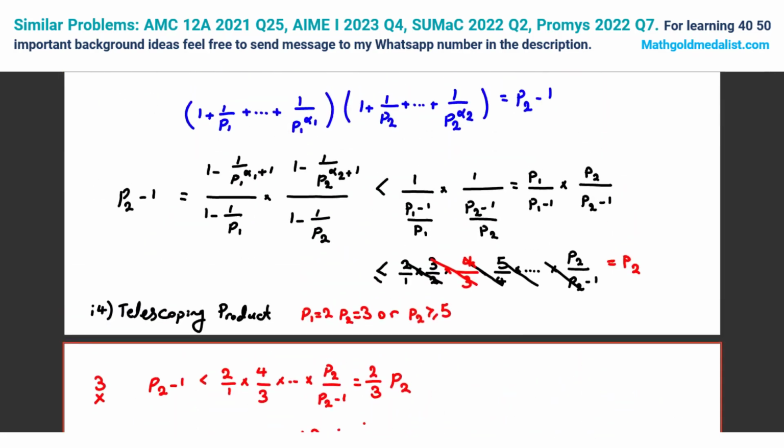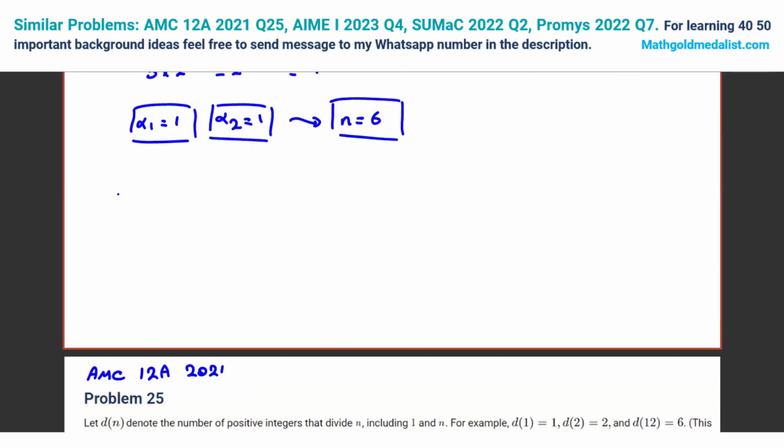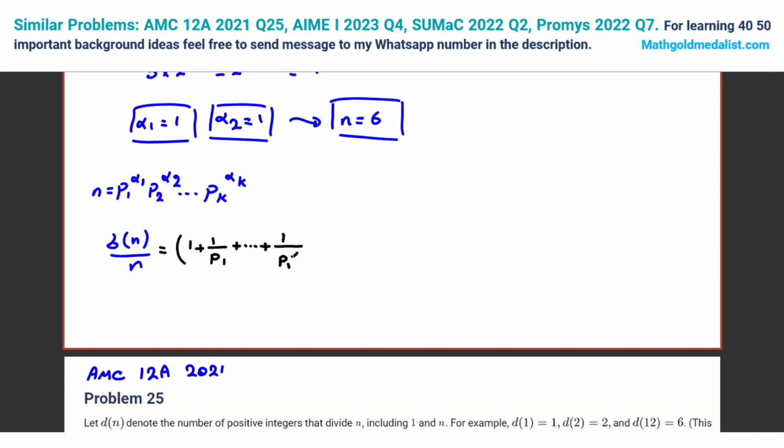Now, again, we can use a similar approach when we have 3 primes or k primes. For example, suppose n is p1 to the alpha 1, p2 to the alpha 2, up to pk to the alpha k. So what is sigma n over n? Try this one first on your own. For this one, we can say it is equal to, like for 2 primes, 1 plus 1 over p1 up to 1 over p1 alpha 1.